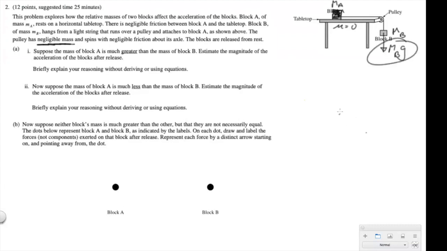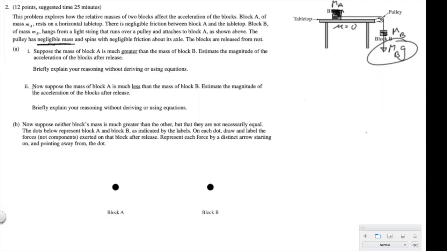This is the force accelerating the system. So if block B is small and block A is big, that's going to lead to a very small acceleration. And you just want to say, because the mass of block A is so much bigger, the acceleration will be smaller. Mass A has a really high inertia.